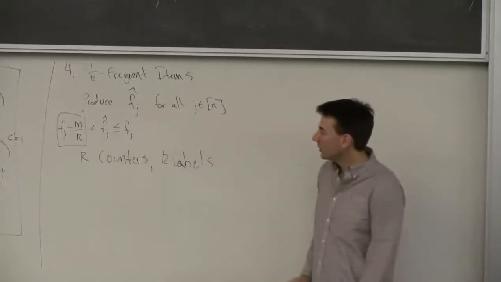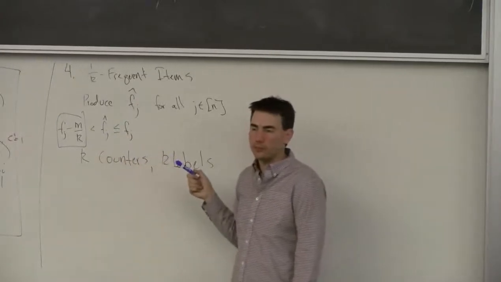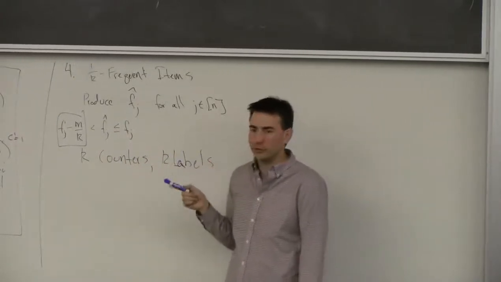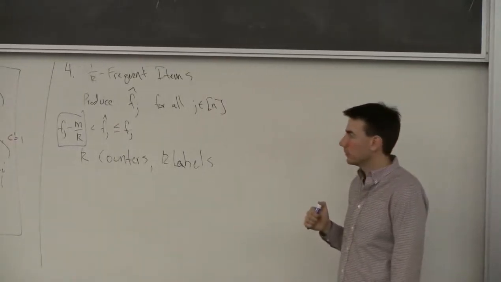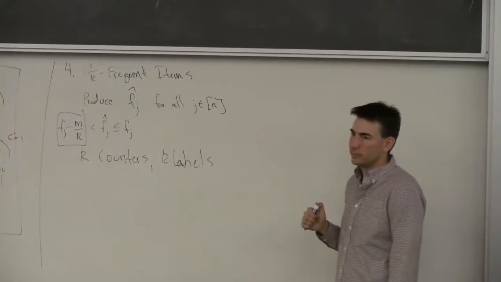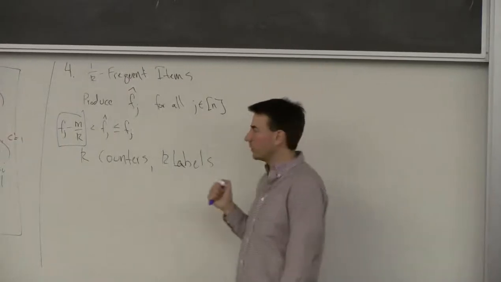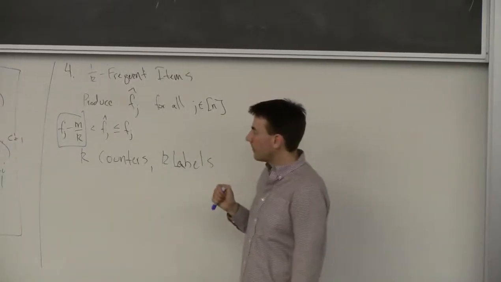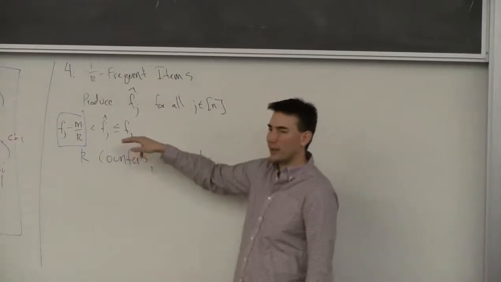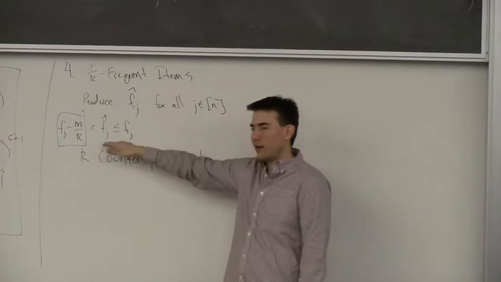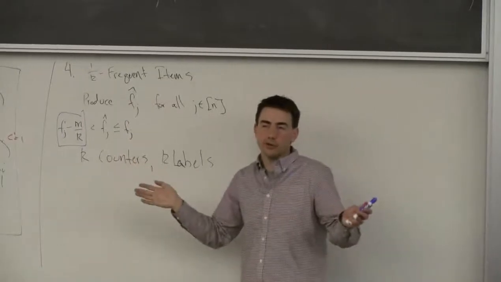Okay, so now what happens if k is equal to 2? Then this claim is that if something has less than half the votes, I can return 0, or I can return anything.